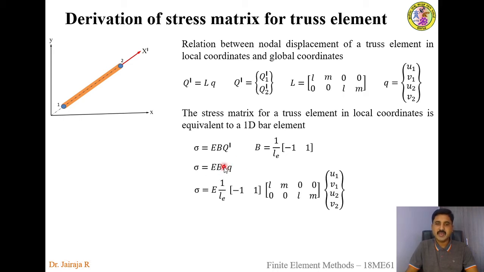Then we substitute this B, this L matrix and q vector here, and sigma becomes E divided by length of the element times the square bracket: direction cosines minus l, minus m, l, m, and nodal displacements u1, v1, u2, v2.